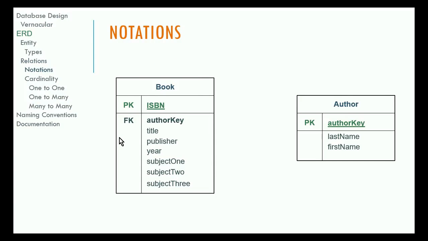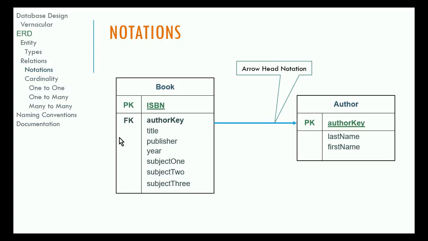Now, there are several different ways to show the relationship between different entities. I'll talk about three notation styles, different types of notations you can use. The simplest is the arrowhead notation, and that's simply where you draw a line from the primary table to the foreign table. So you can see in this example, a book has an author, so my arrow points to the author.